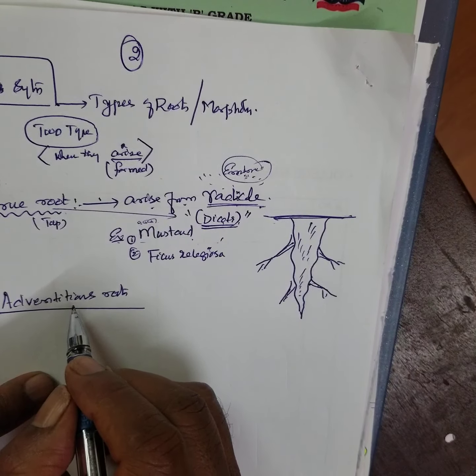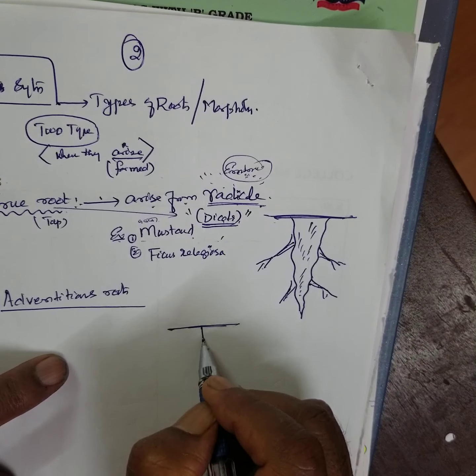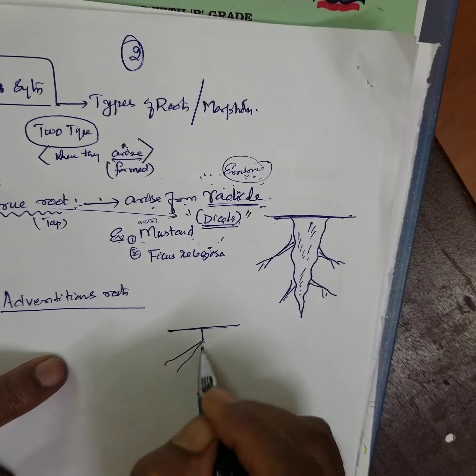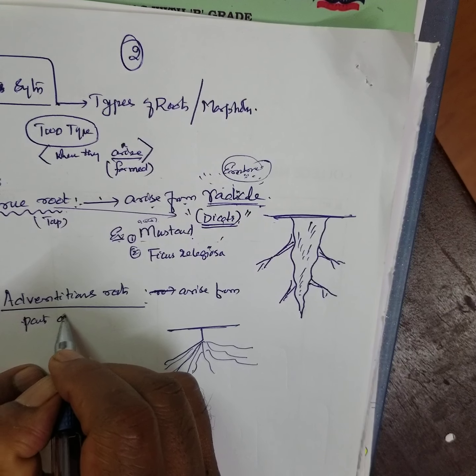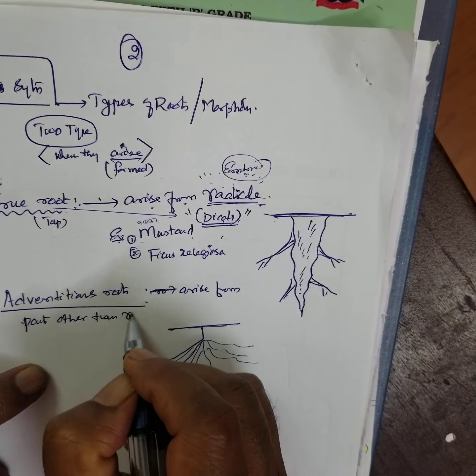And adventitious roots are also called fibrous roots, at ground level. That is, the roots arise from parts other than the radicle.